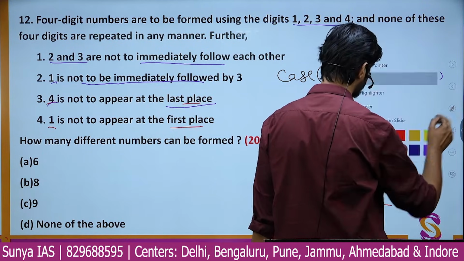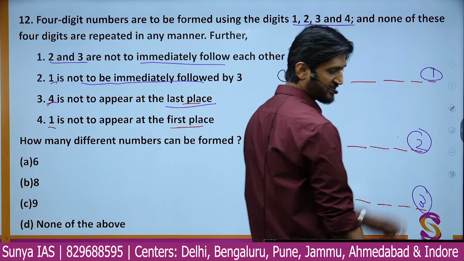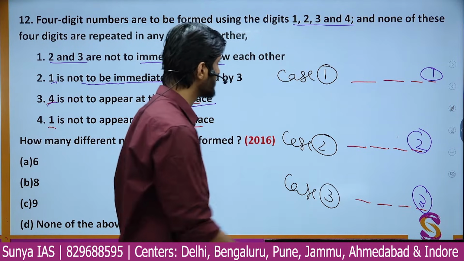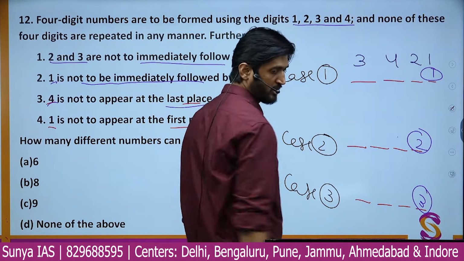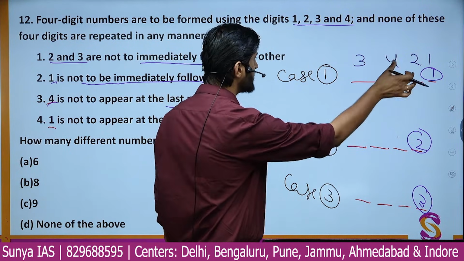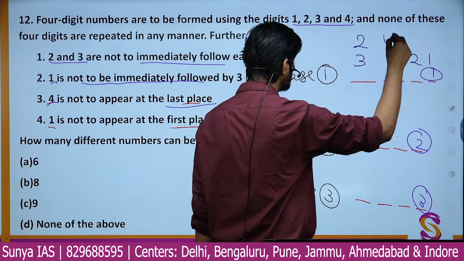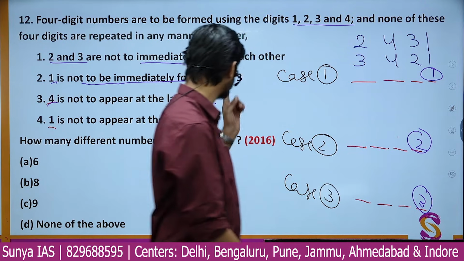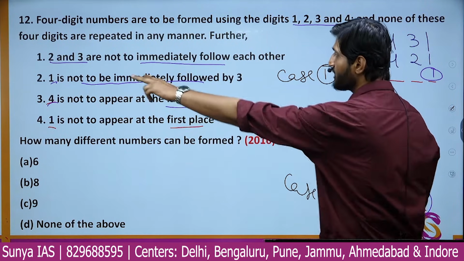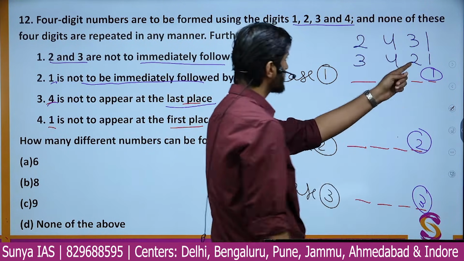Let us say if we take the first case when 1 is at the end, we can have different arrangements, such as 3, 4, 2, 1, or we can just interchange these values, 2, 4, 3, 1. Why these 2 only? Because here they are obeying the conditions. Here 2 and 3 are not immediately following each other, as you can see.